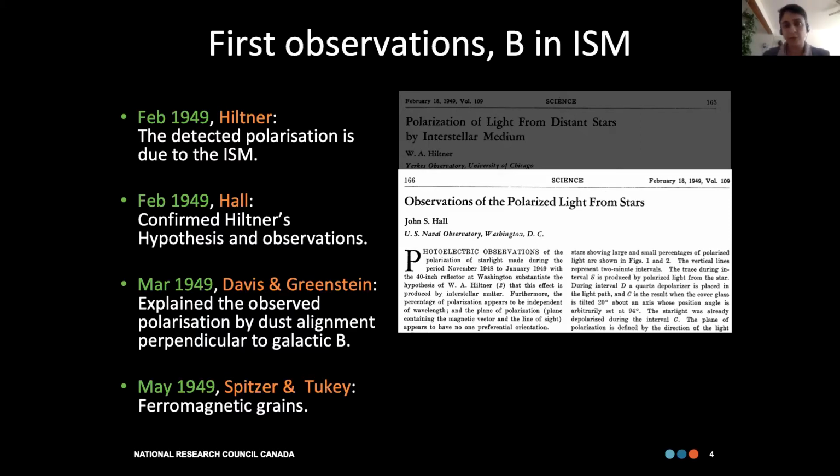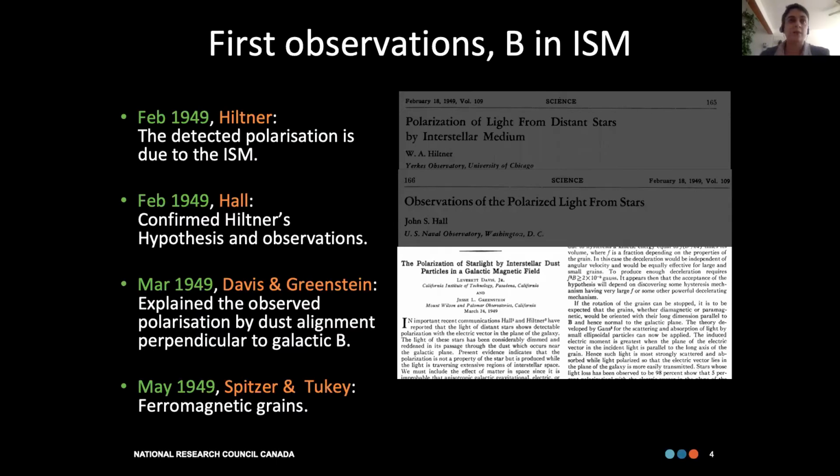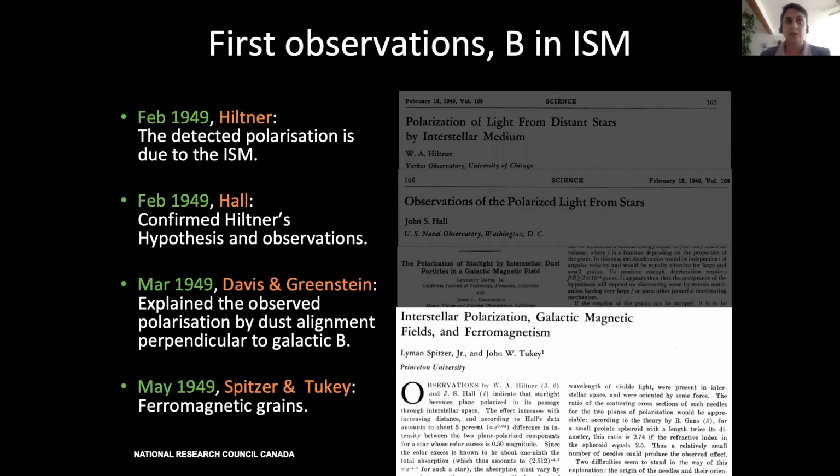And then again, very quickly, Davis and Greenstein explained this based on the alignment of the dust particles in the interstellar medium perpendicular to the galactic magnetic field. And then again, very quickly, Spitzer and Tukey attributed this alignment to the ferromagnetic characteristics of dust grains.